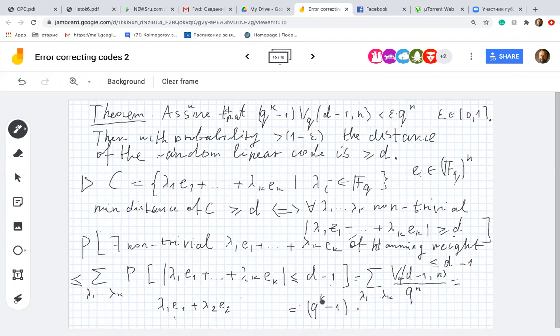So we have q to the k minus 1 times the volume of the ball over q to the n. And our assumption states that this is strictly less than epsilon. And so the probability of the bad event, that some non-trivial combination has small Hamming weight, is at most epsilon. So this is equivalent to the minimum distance of our code being less than d. So this completes the proof.